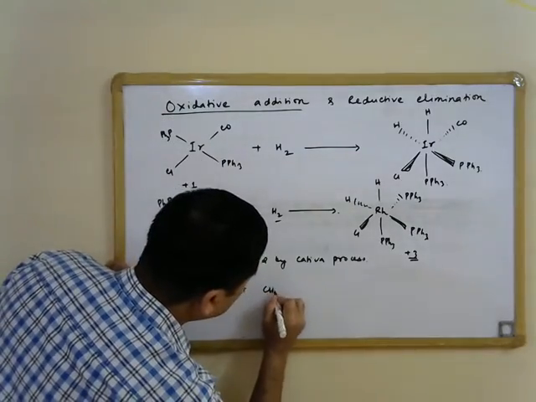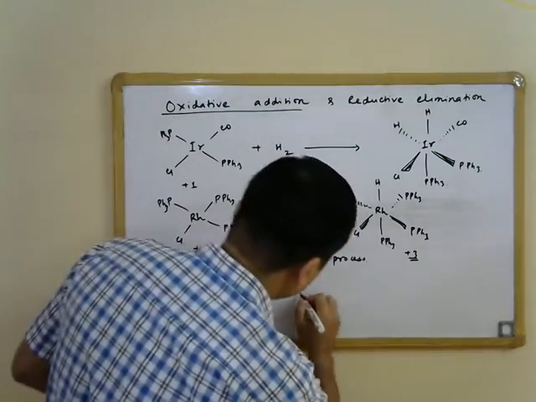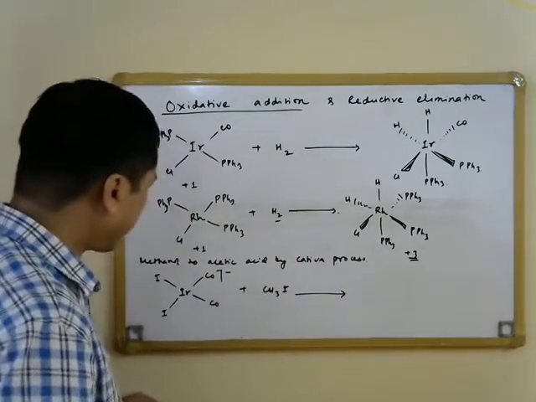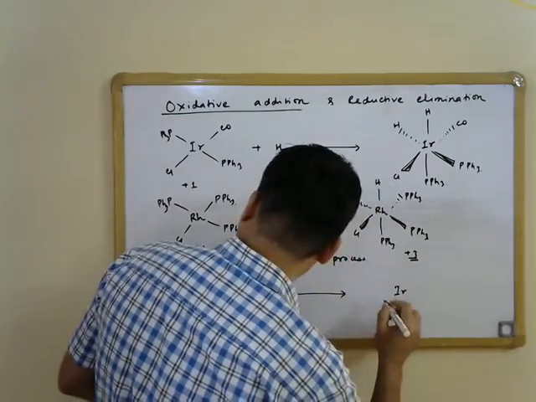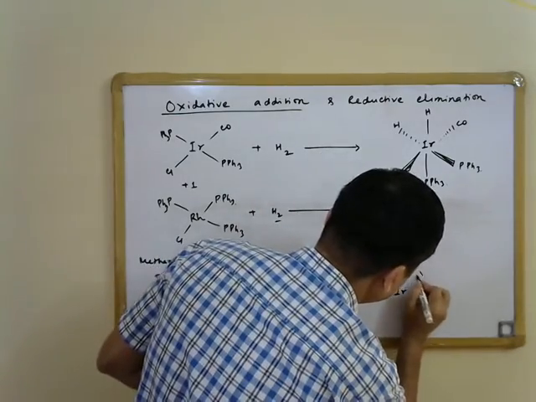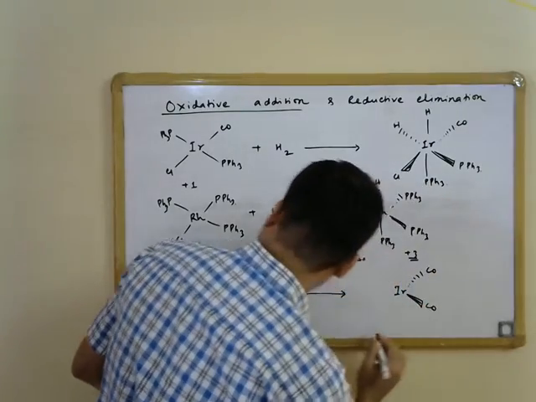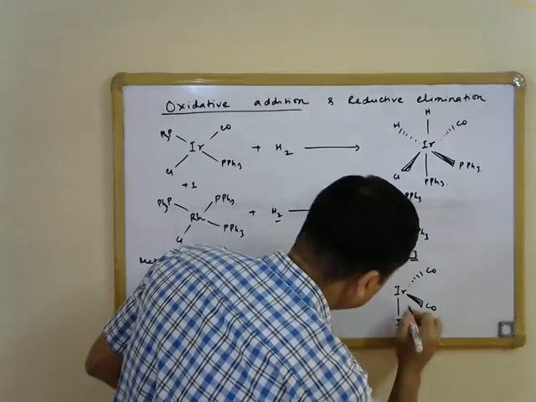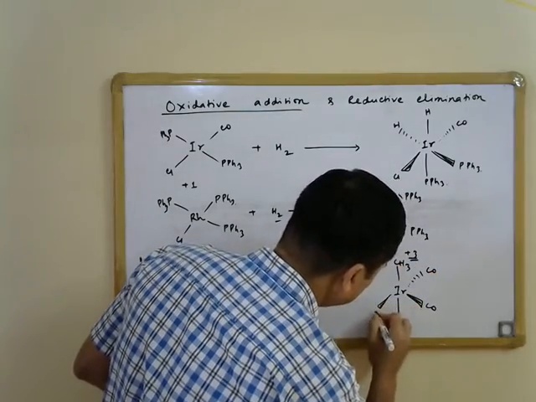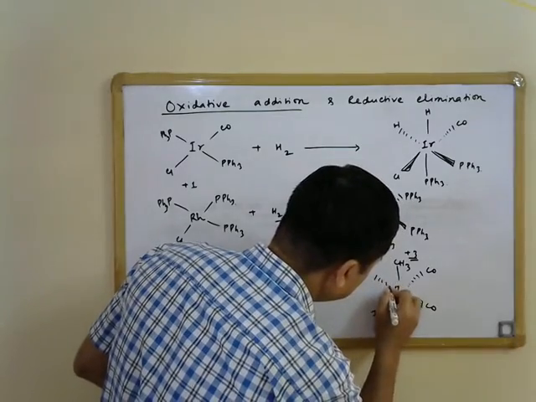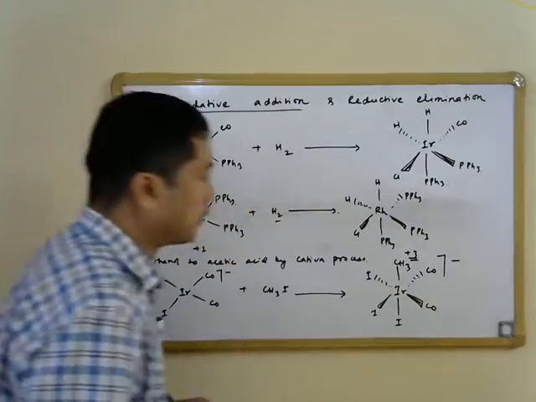It undergoes oxidative addition reaction with methyl iodide during the catalytic cycle, and this gives us again a monoanionic complex.